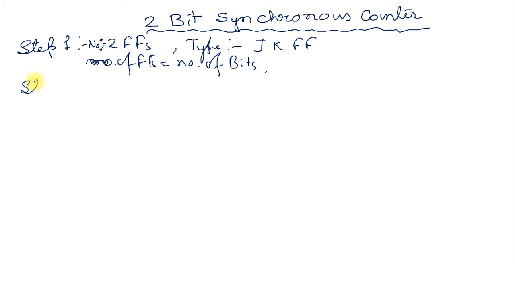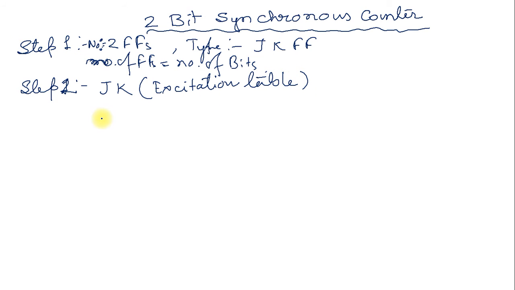Step 2, the excitation table of the chosen flip-flop. Here the chosen flip-flop is a JK, so a JK excitation table. As we know, the excitation table has present state, next state, and JK.